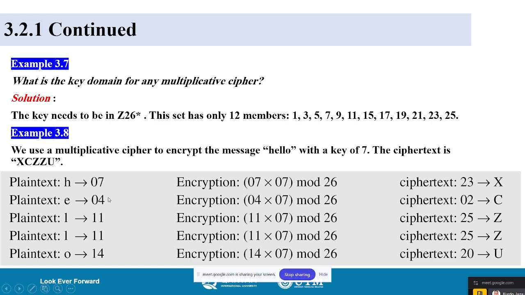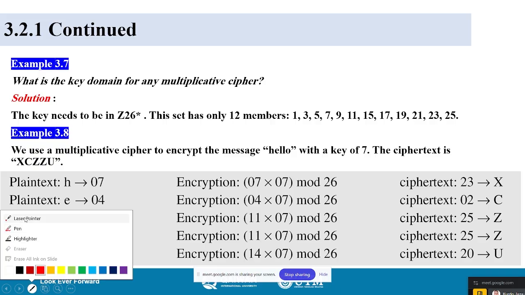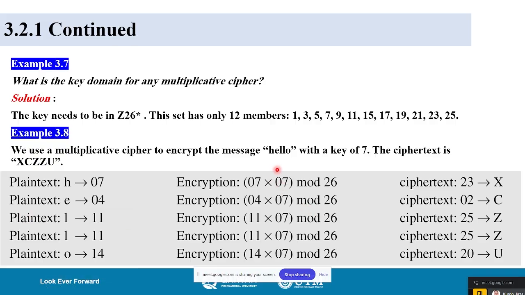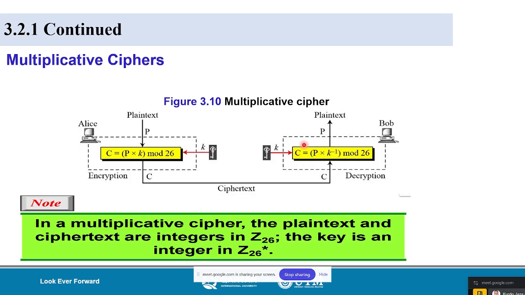Now the 4 would be our position of the plain text or alphabet position. Now the key would be 7. As you can see, let me change it. Laser pointer, yeah. These are the keys. Why?